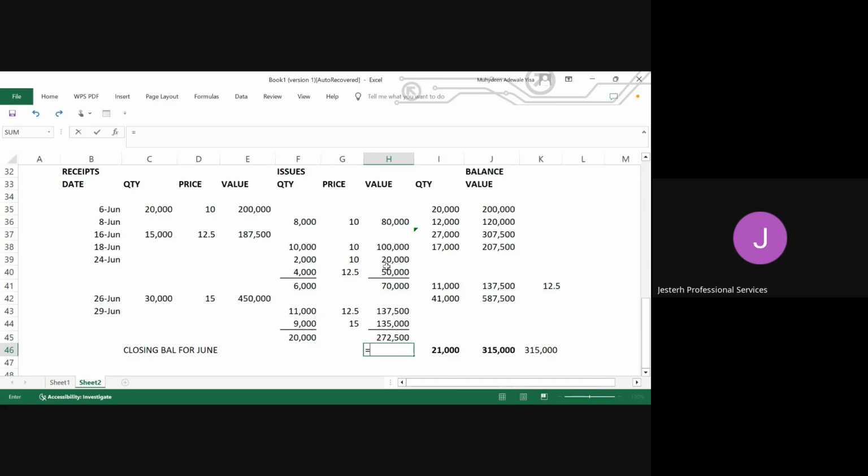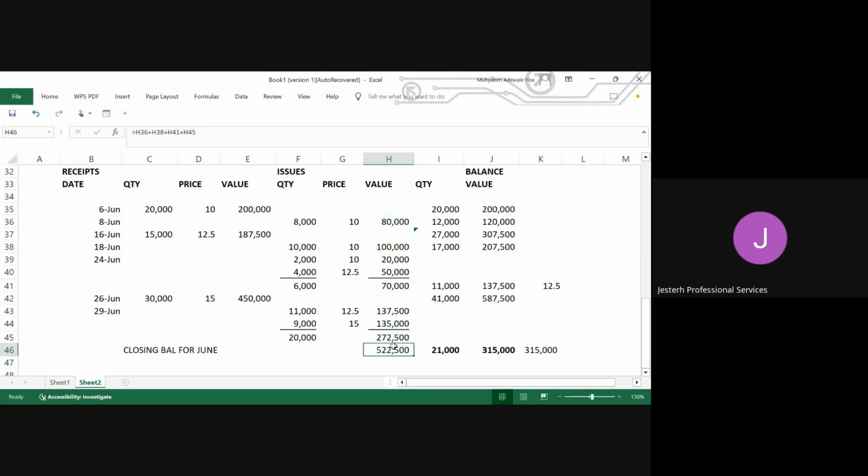Now, I want to try one trick, by getting the total value of what we issue out, so that we can see if we are still going to arrive at this 135. Now we first issue out 80,000, then we issue out 100,000, then we issue out 70,000, then we issue out last 272,500.